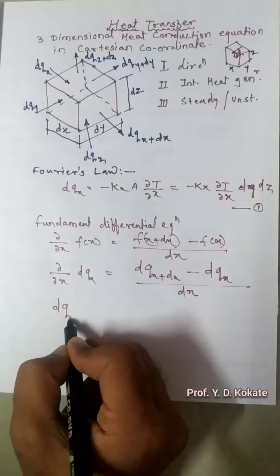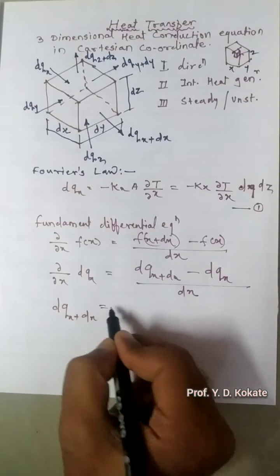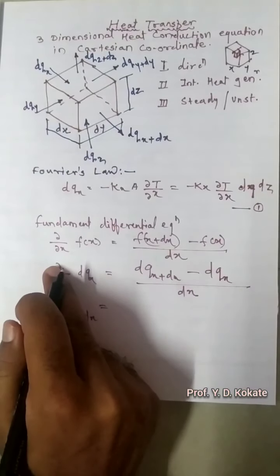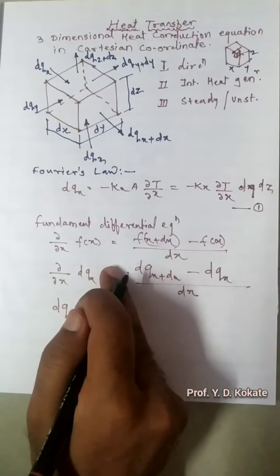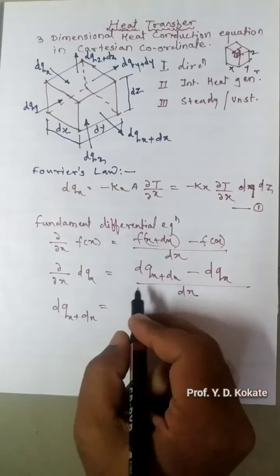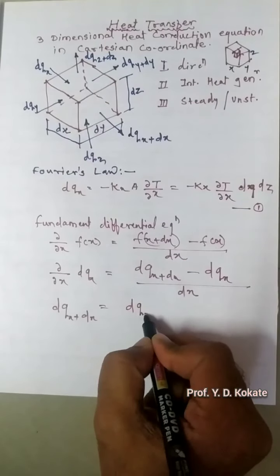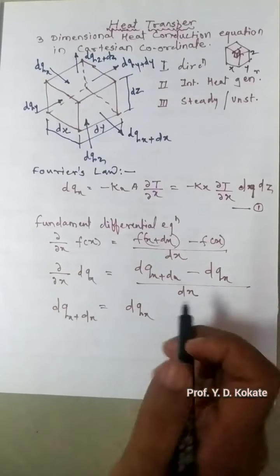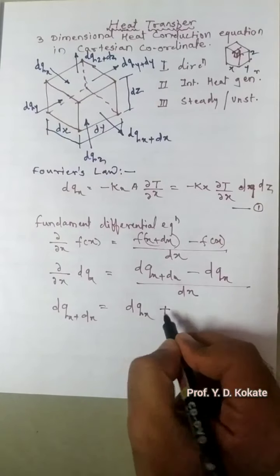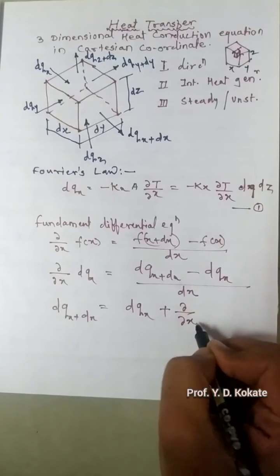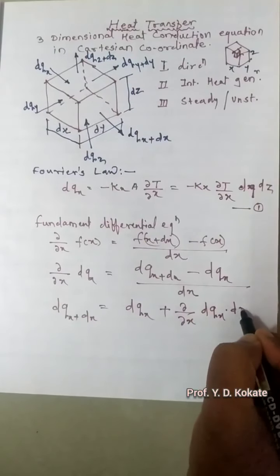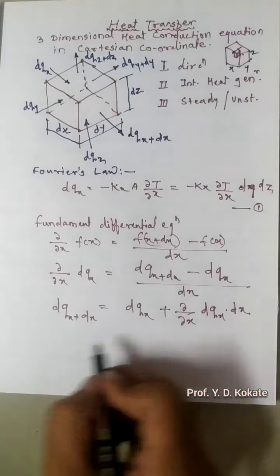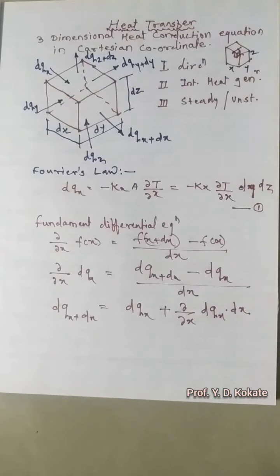So dqx plus dx is equal to dqx plus ∂/∂x of dqx into dx. I call it equation number 2.